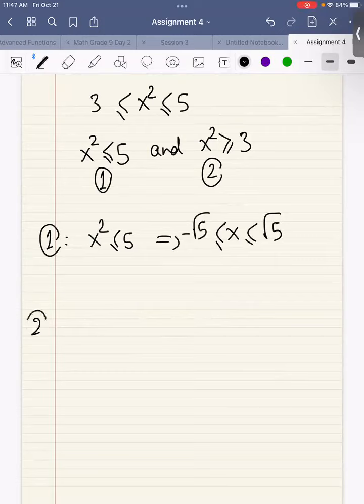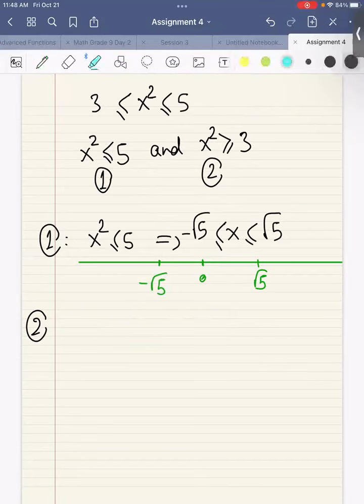So here, if I want to show you on the real line, imagine that this is 0, this is root 5, and this is minus root 5. So x must be in this interval.